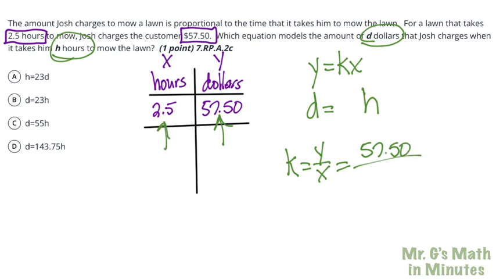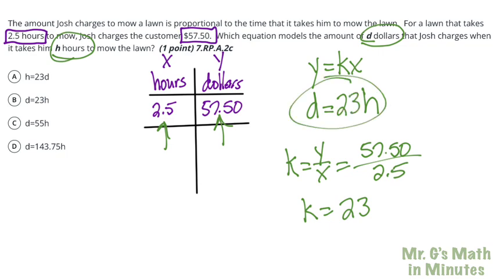My X is the 2.5. So when we divide those two numbers, 57.50 divided by 2.5, we get a constant of 23. So coming up to our equation, our constant of proportionality is 23. That is our equation, which matches up to choice B.